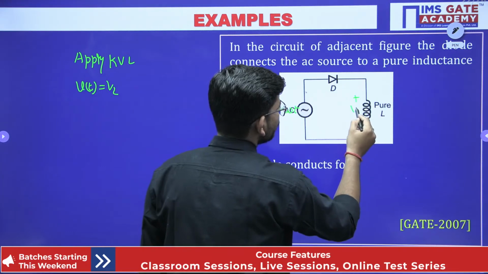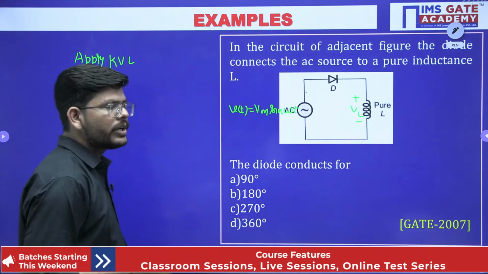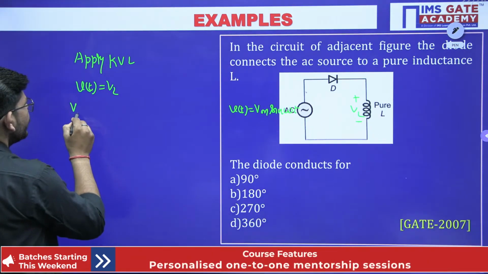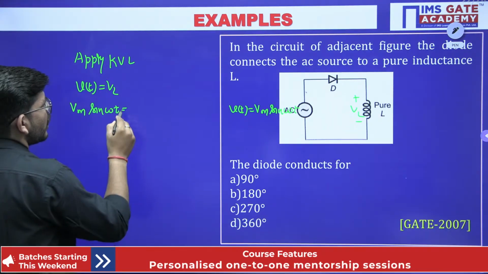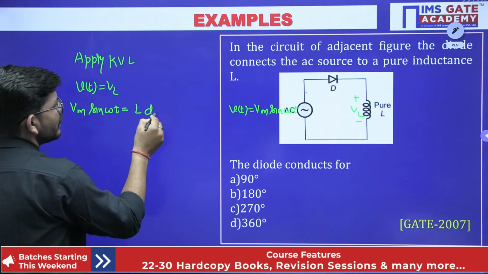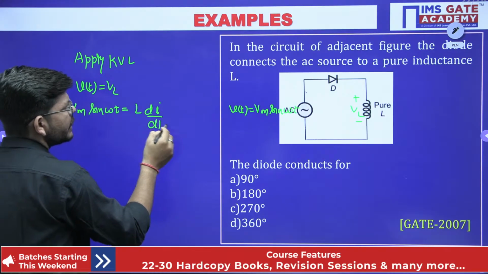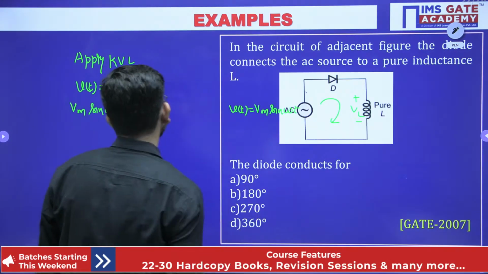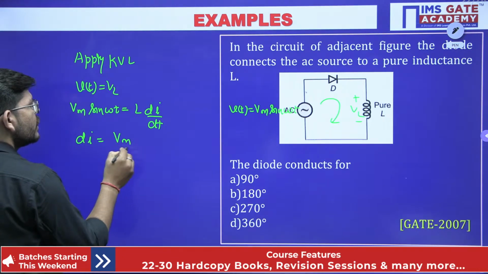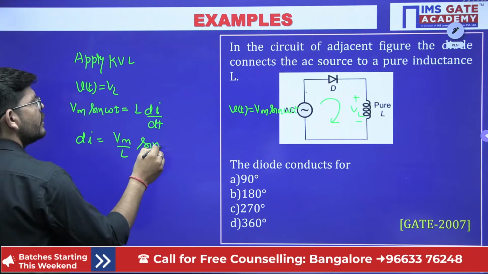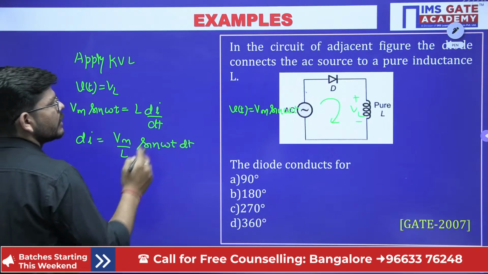What is VT? VT is Vm sin omega t, and how do we write VL? VL is L di by dt. Let me consider a current here. Now if I have to write di, I can write it as Vm by L sin omega t dt, isn't it?